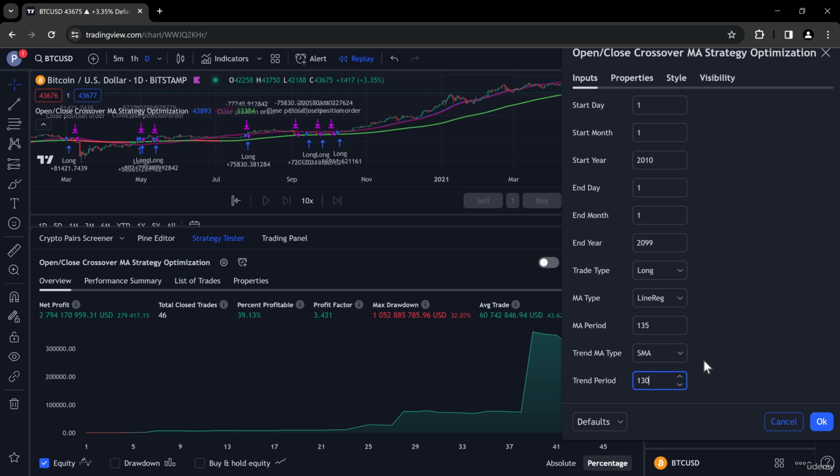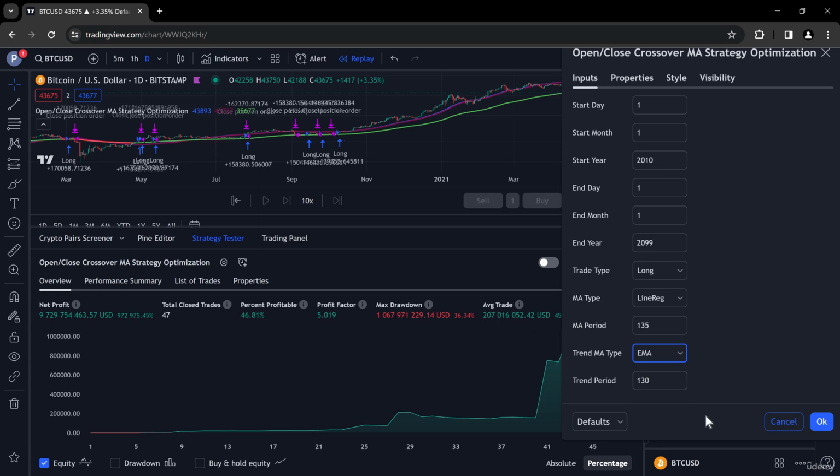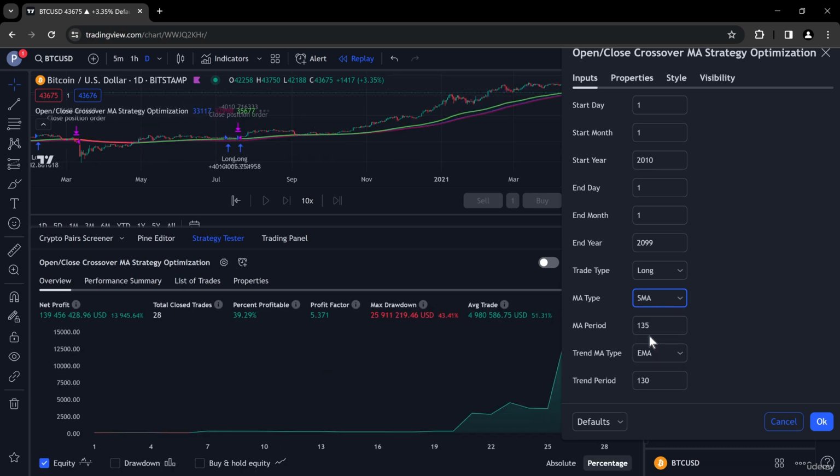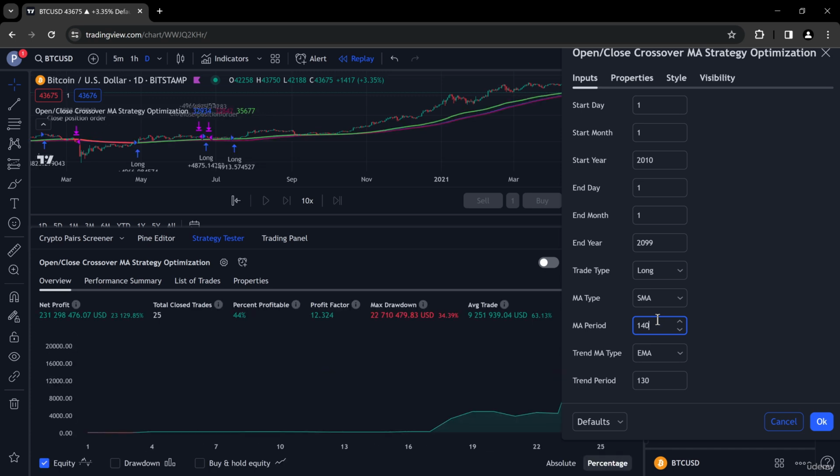So the SMA type does not give us better performance compared to EMA. Now let's try to change the MA type to SMA. No, the performance deteriorated, but let's still try to change the period.